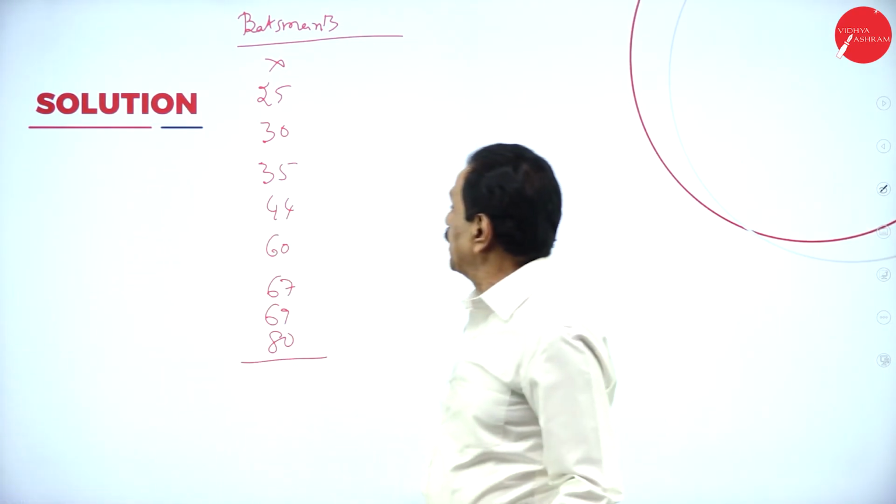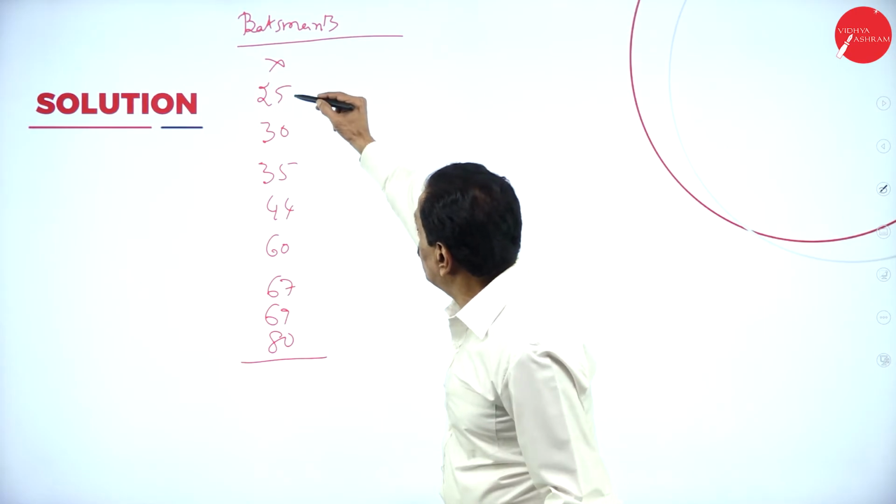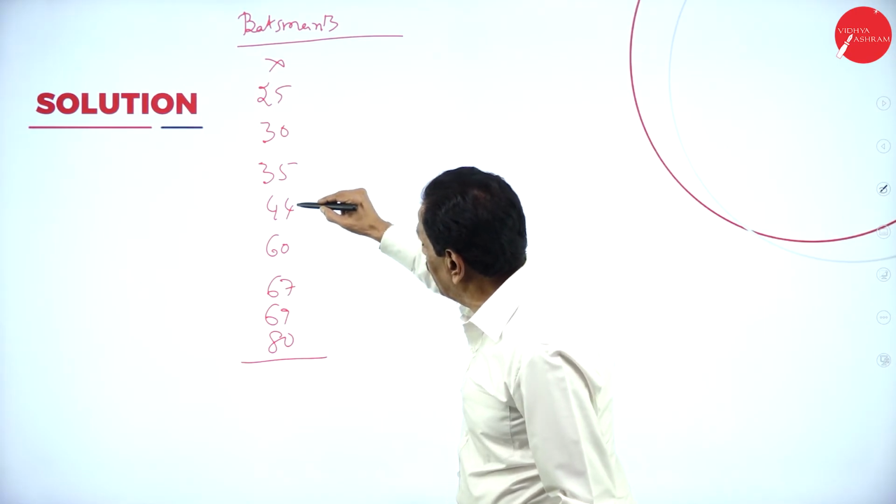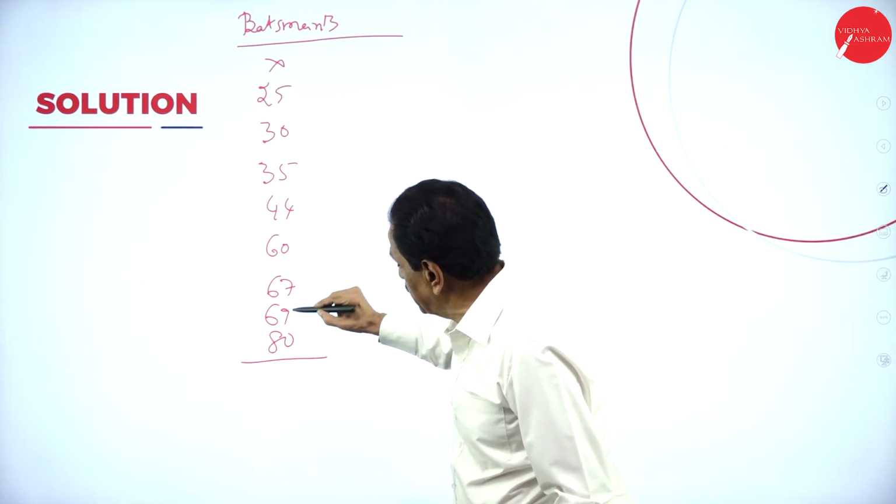So this is the given data. 8 terms are there: 25, 30, 35, 44, 60, 67, 69, 80.